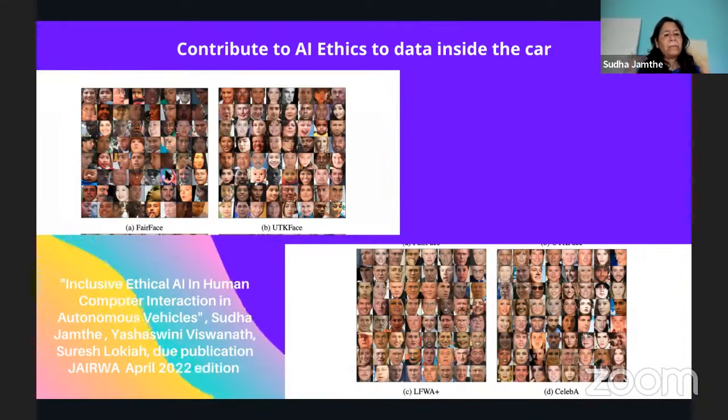But our goal was, remember, we were looking at AI identifying people inside the vehicle. The data set was saying whether this person is of these races, and they had 7 different races, and men and women as 2 genders. That was not enough.